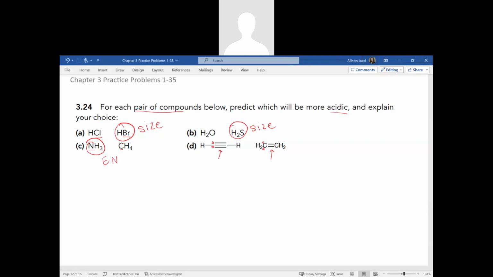So again, acetylene would be an sp versus sp2 hybridized orbital. So this lone pair is better stabilized after deprotonation. So the sp acetylene would be our more acidic compound.